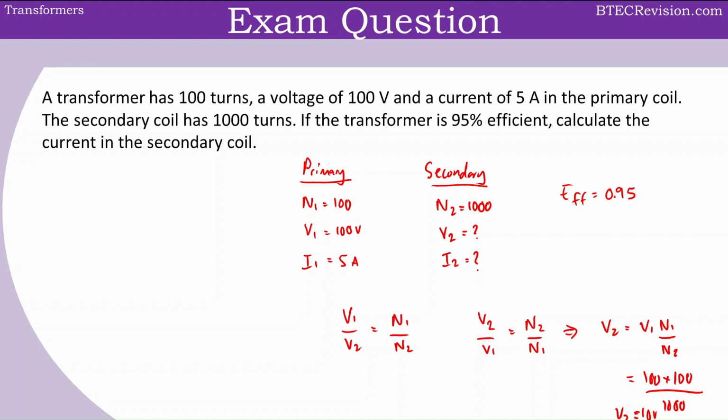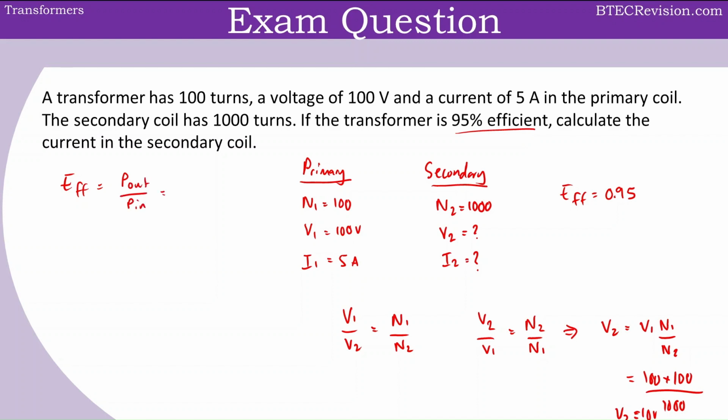Next, we can work out the current in the secondary coil. In order to do that, what we could do is work out power because we have efficiency, 0.95. We know the efficiency is equal to the power out divided by the power in.